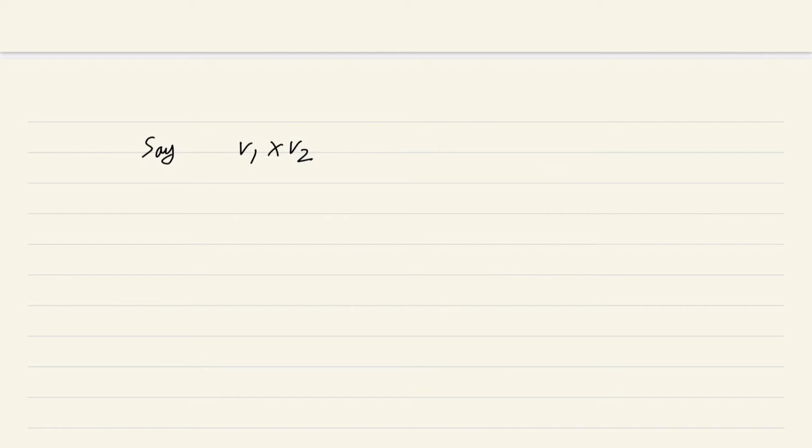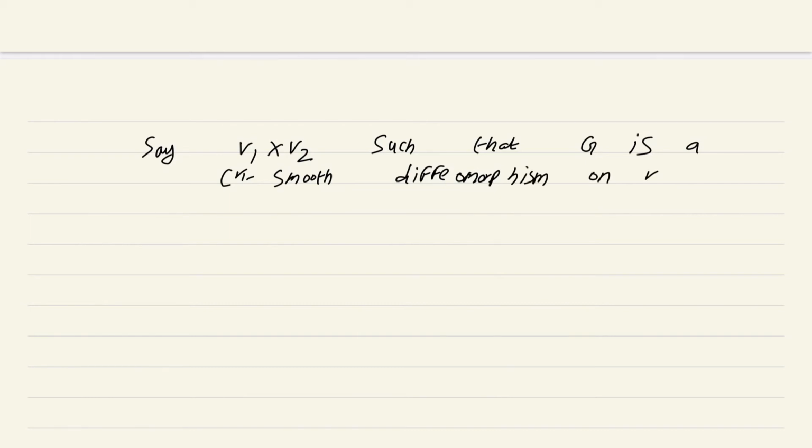We can find a small product open set V1 cross V2 such that G is a C^k smooth diffeomorphism on V1 cross V2. That means G from V1 cross V2 onto G of V1 cross V2, and that inverse is also going to be a C^k smooth map. That's what it means.